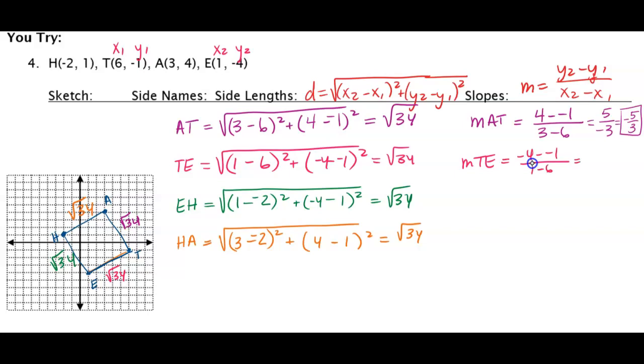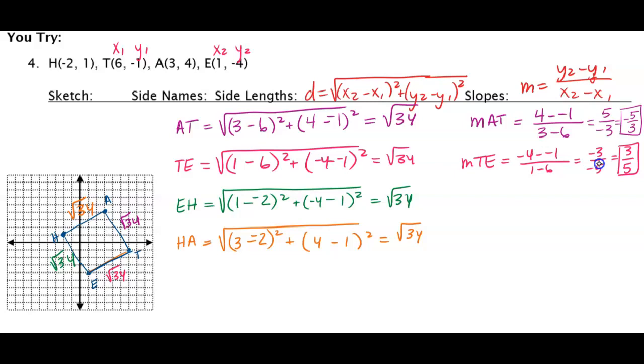So that would give me negative 3 over negative 5, so that would be positive 3 over 5. Now, just by looking at our first two slopes, they are opposite reciprocals. They're opposite signs, and if you take one of the fractions and flip it, it becomes the other fraction. So my guess is that the others are going to be the same, but we do have to double check.